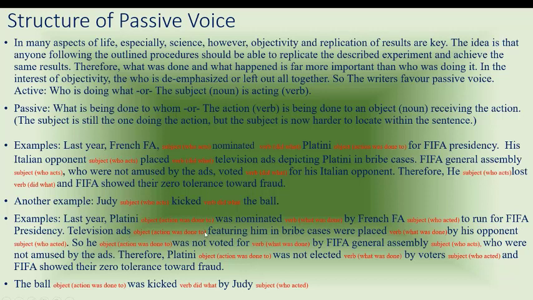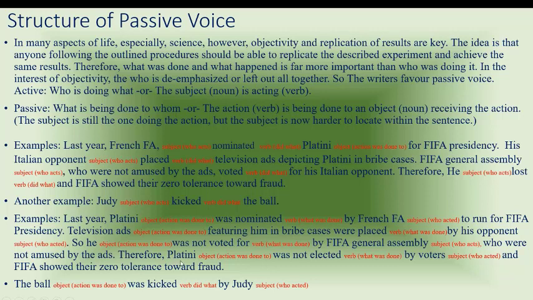Television ads, the original object, became the subject, featuring him, showing him in bribe cases, were placed, verb to be plus past participle, by his opponent, the original subject. So Platini was not voted for by the FIFA General Assembly, the voters, who were not amused by the ads.